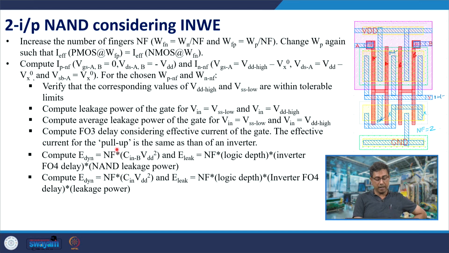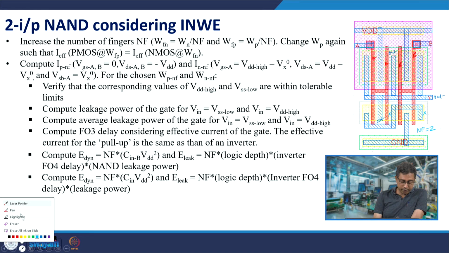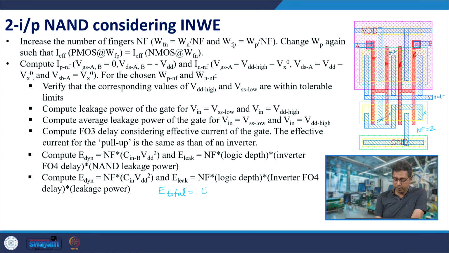Here you will again multiply with the number of fingers, because you have done all the calculations for a single finger. So you will multiply with NF and compute the total dynamic and total energy, which is dynamic energy plus leakage energy.